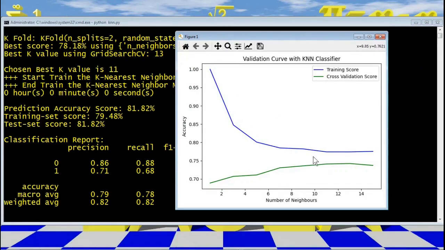And then in the validation curve, we look at the trade-off between bias and variance, and estimate the best model around the cross-validation score, which is the top or the maximum of the cross-validation score represented by the green dot, which is around k is equal to 11, which is around here. The best model, the trade-off between the bias and the variance.